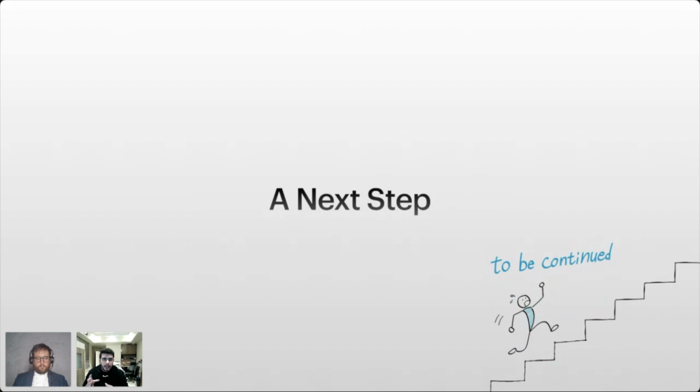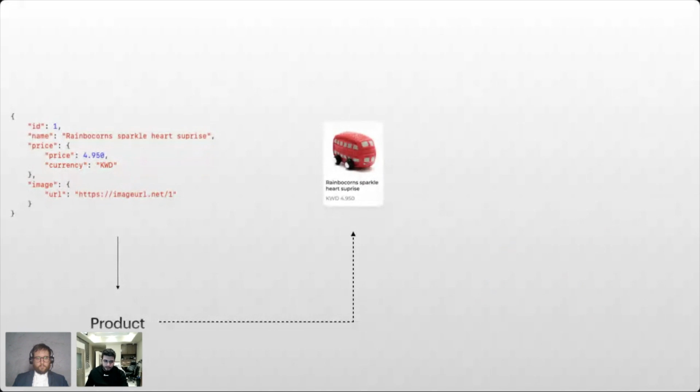But this wasn't dynamic all the way through. We still had to hard code models for each of our components, and the UI was hard coded based on that model. So, for example, again, say we want to display a list of products in our homepage. We would have a model from the server that represented something pretty much like this. As you can see, this is a very standard model.